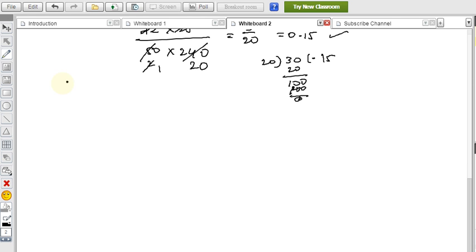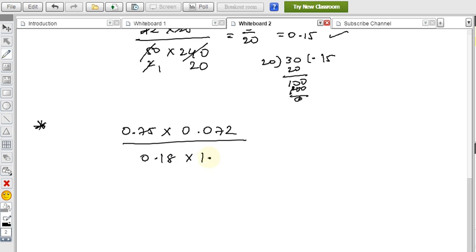Okay, let us take one more simple example. 0.75 into 0.072 by 0.18 into 1.5.